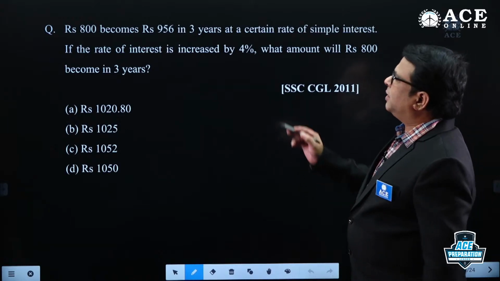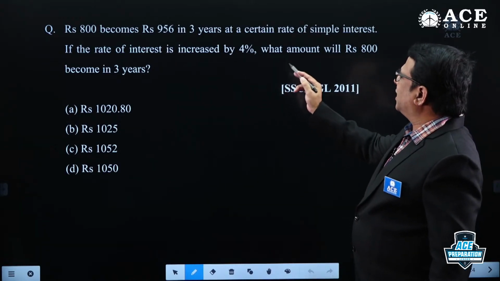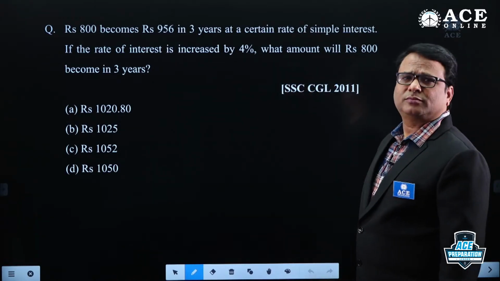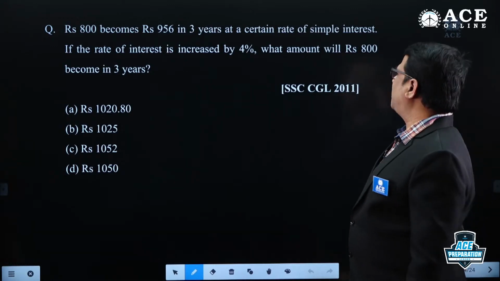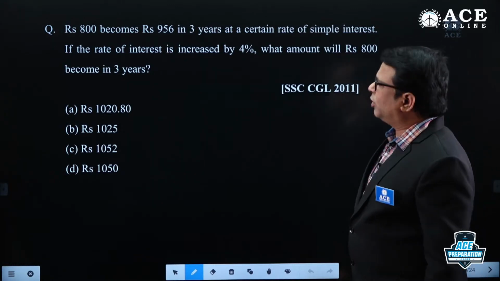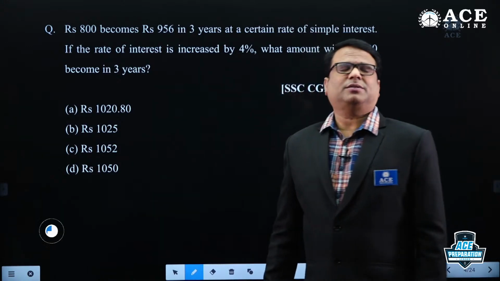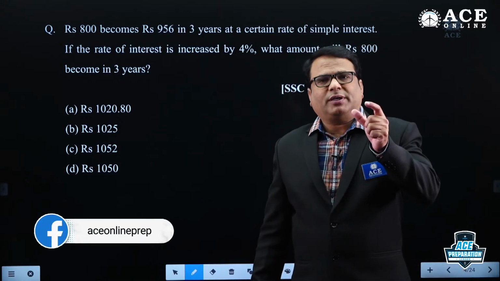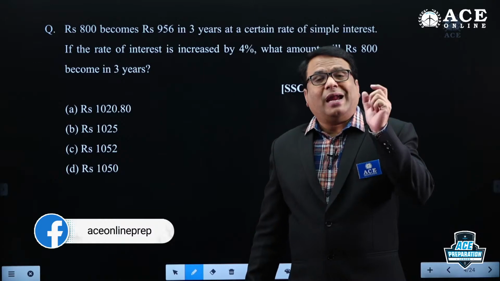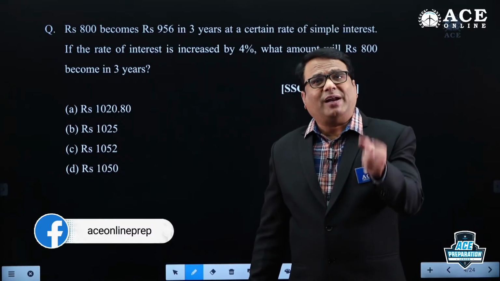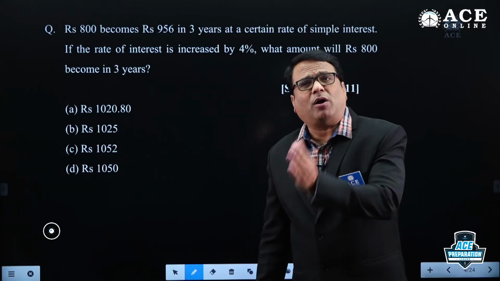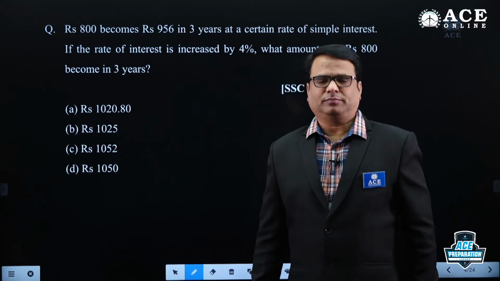Now, if the rate of interest is increased by 4%, what amount will rupees 800 become in 3 years? Instead of 956, 800 will become how much? That is the question.